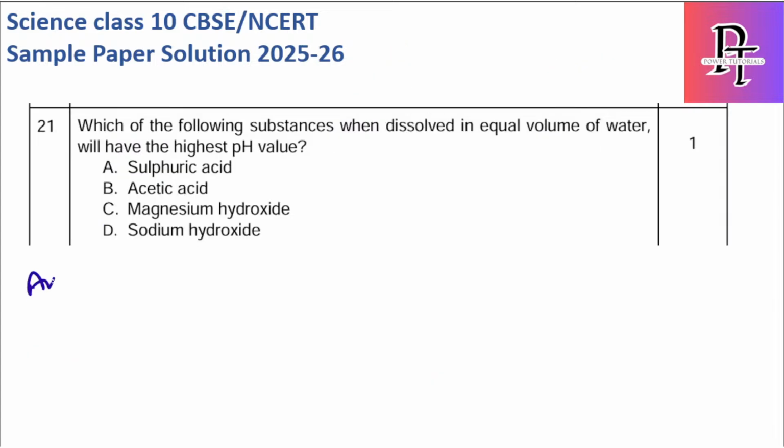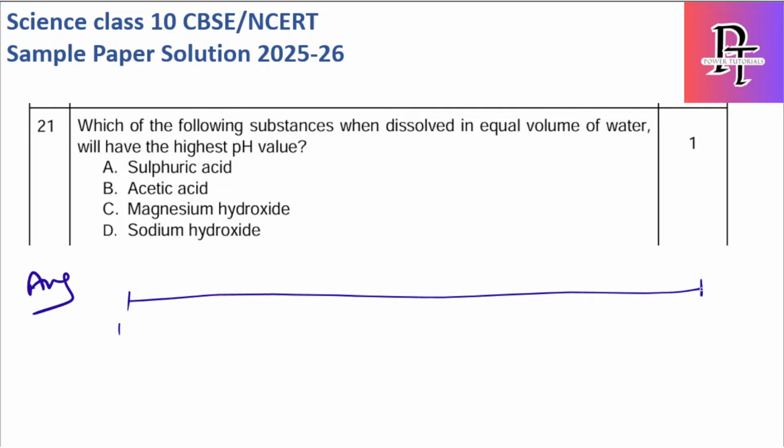21st question. Which of the following substances when dissolved in equal volume of water will have the highest pH value? For this you need to remember the pH scale. It starts from 1 and ends with 14. Middle is neutral, which is 7. This side is the strong acid and this side is the strong base.